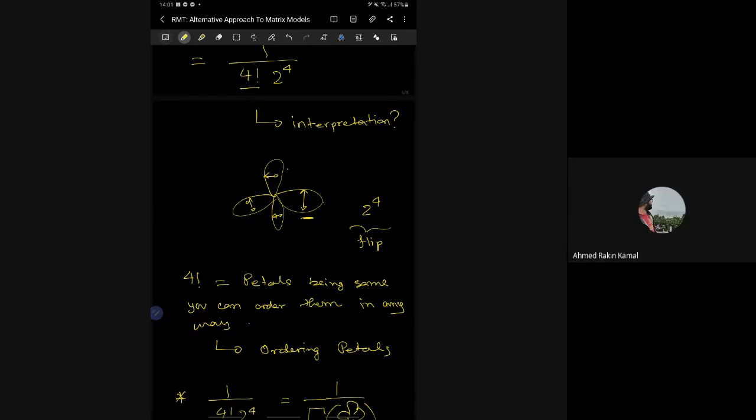That's where the 4 factorial comes into play. And 2 to the power 4 is just the flip. You have 2 operations for each of them, and 4 of them. So 2 times 2 times 2 times 2. Right? Okay, I got it now.